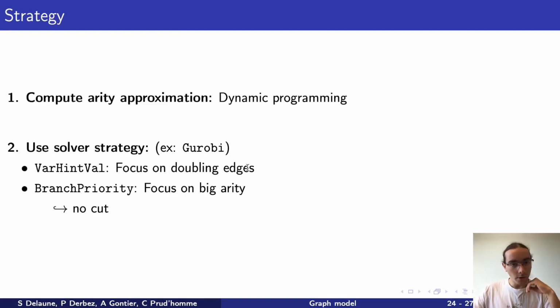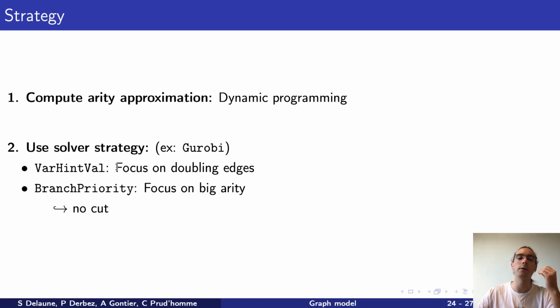So for our strategy, the first step is to compute the arity approximation with dynamic programming for the cube we choose. And then we use a solver strategy. The solver has multiple options to help define a strategy. For example, with the solver Gurobi, we have the option VarHintVal that lets us say which edge we want to focus on.